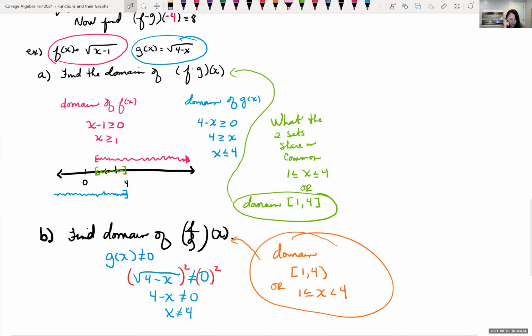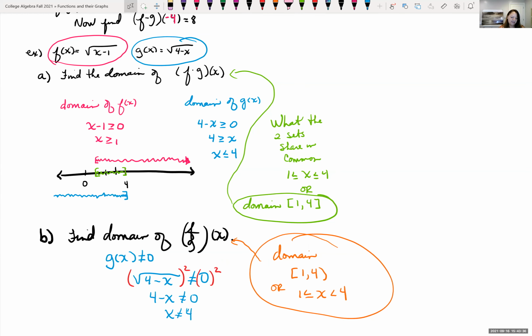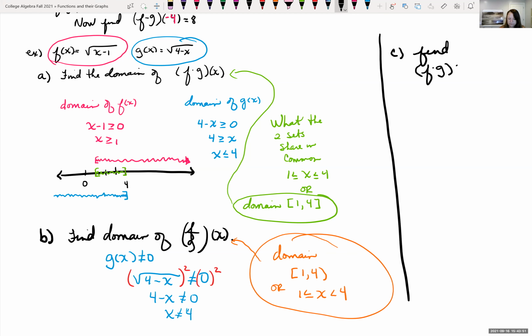Let's do part B or C. Let's look at what would have f times g be though. Well, that would have been our function f of x, which is the square root of x minus 1, all times our function g of x, which is the square root of 4 minus x.